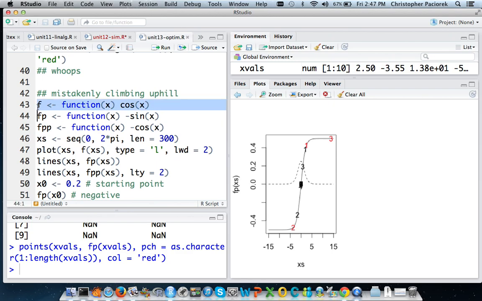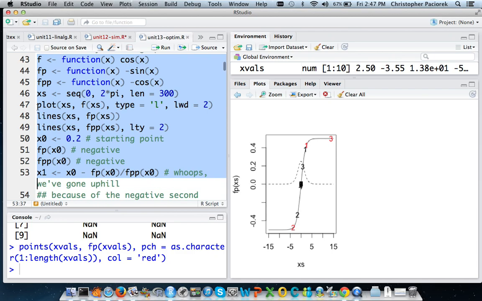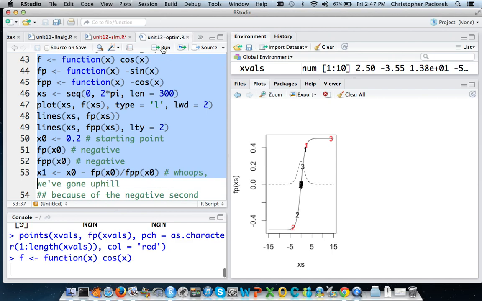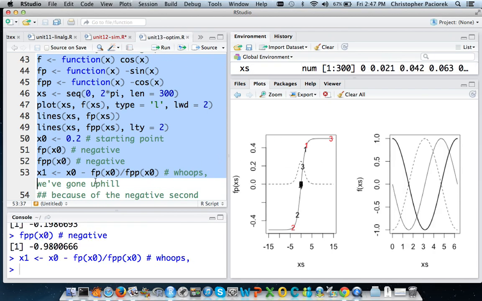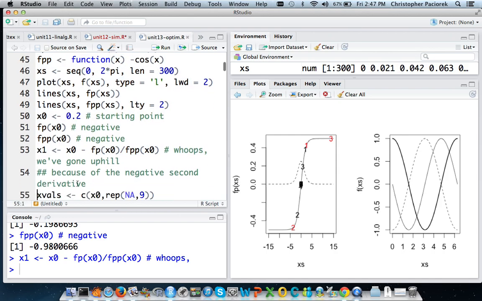And then I have a case of a sine function here where we see that we actually start converging in the uphill direction.